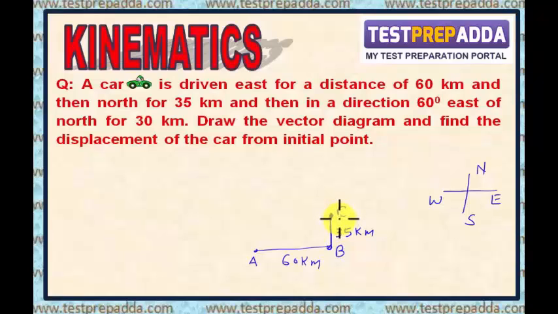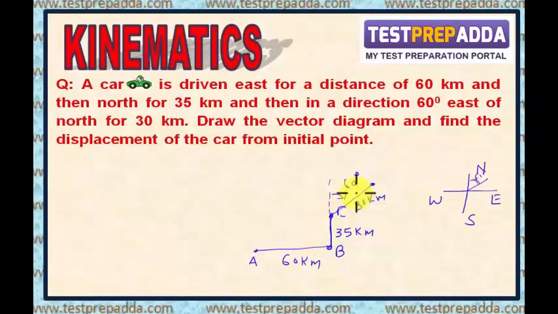after this point C, you travel at what angle? 60° from the north and towards east. So in a direction 60° east of north, for how much? 30 kilometer. So this is 60°.